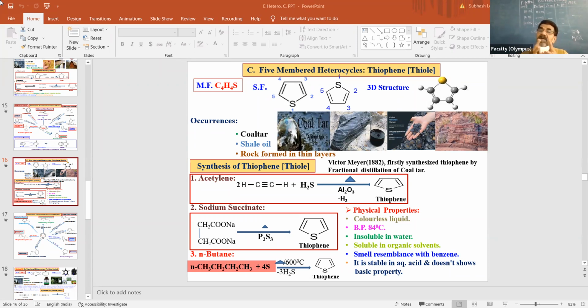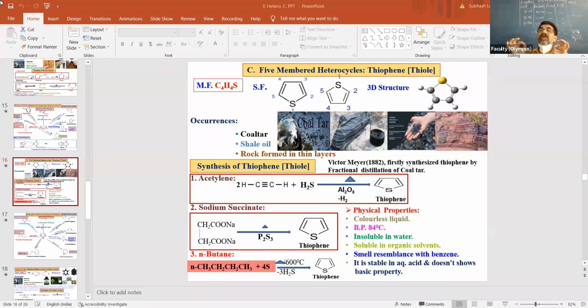Then the physical properties. As we already know, all 5-membered heterocyclic compounds are colorless, but due to oxidation pyrrole will become slightly greenish, slightly dark in color. The second point, and the type of question most often asked in the examination, is the boiling point.